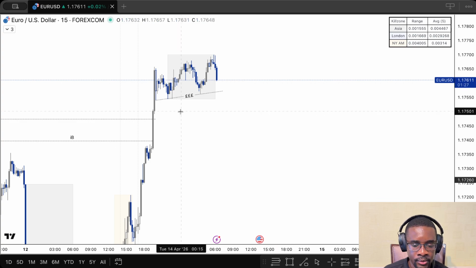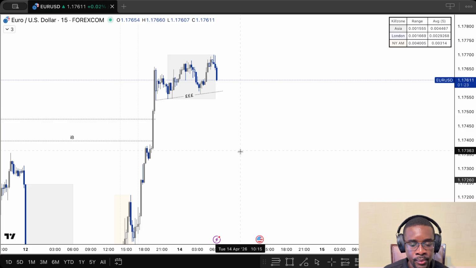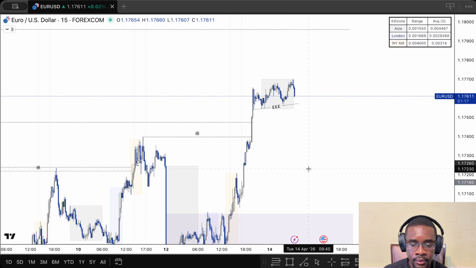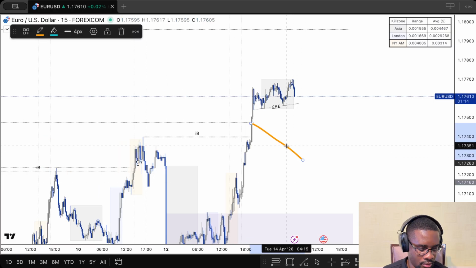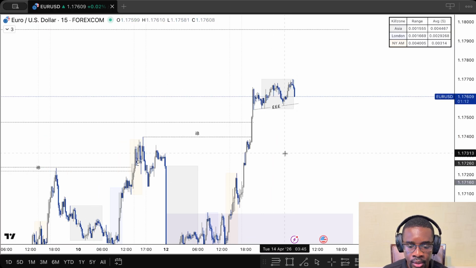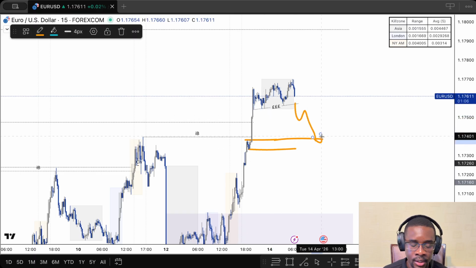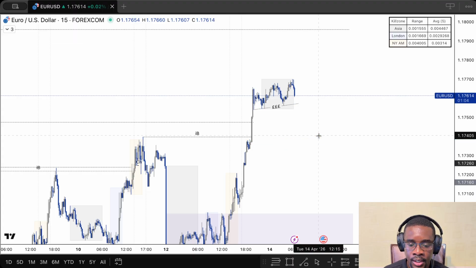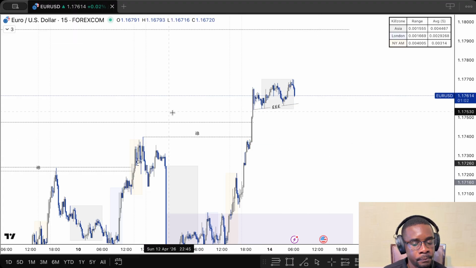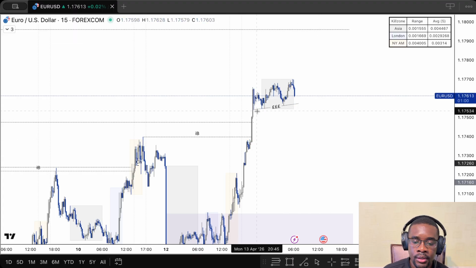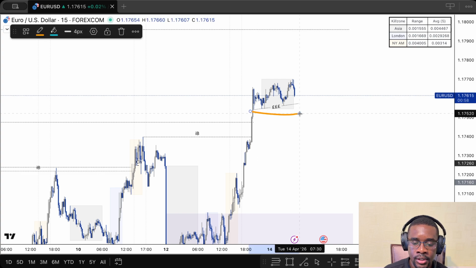Once this is swept and there's confirmation, then we look for that. If there's no confirmation, then price could still just be willing to tank. Price could just continue dropping, maybe until it mitigates the range somewhere here. That's also another possibility, so we'll have to see how price develops. But the expectation is that at least this has to go.